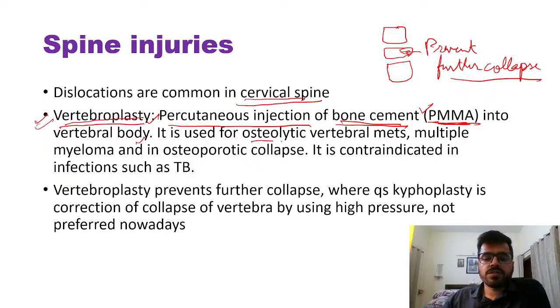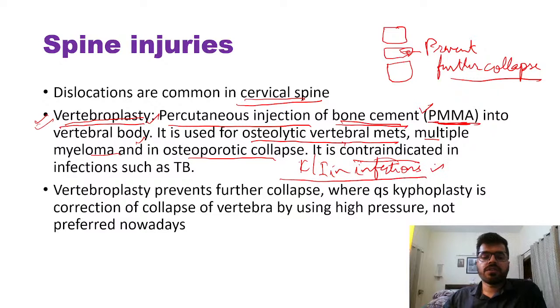It is used for osteolytic vertebral metastasis, multiple myeloma, and osteoporotic collapse. It is contraindicated in infections. Only done in osteoporotic and multiple myeloma and vertebral mets collapse, not in infections.